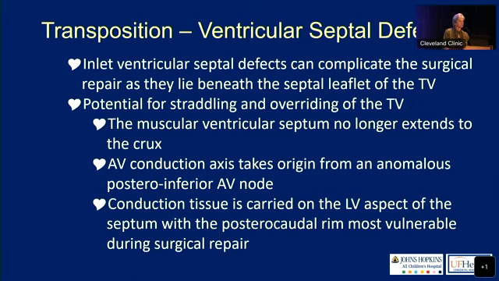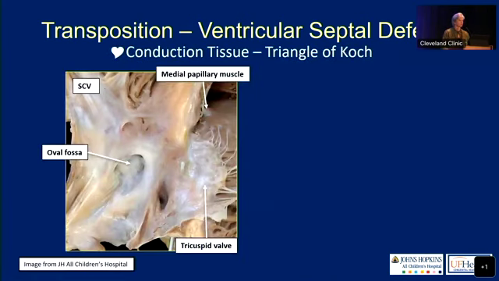The triangle of Koch in these cases is attenuated and that atrioventricular node is moved to a more inferior position where the crest of the muscular ventricular septum meets the atrial musculature at the posterior inferior border of the defect. And when we have this anomalous node, the conduction tissue will be carried along the left ventricular aspect of the septum, with the posterior caudal rim the most vulnerable during surgical repair.